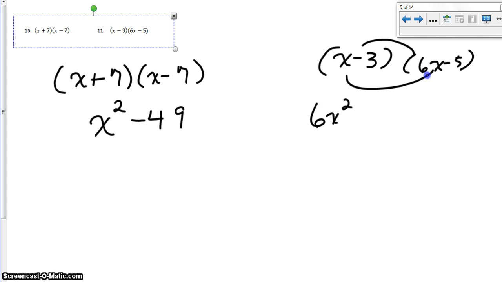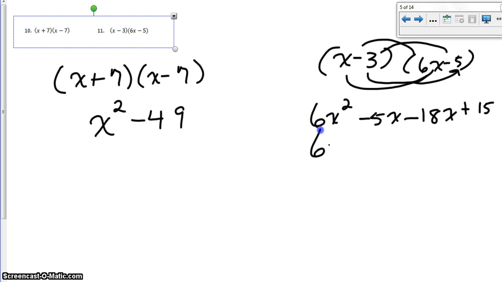Outer, x times negative 5 is negative 5x. Negative 3 times 6x is negative 18x. And negative 3 times negative 5 is positive 15. Combine like terms, and this would be 6x squared minus 23x, positive 15.